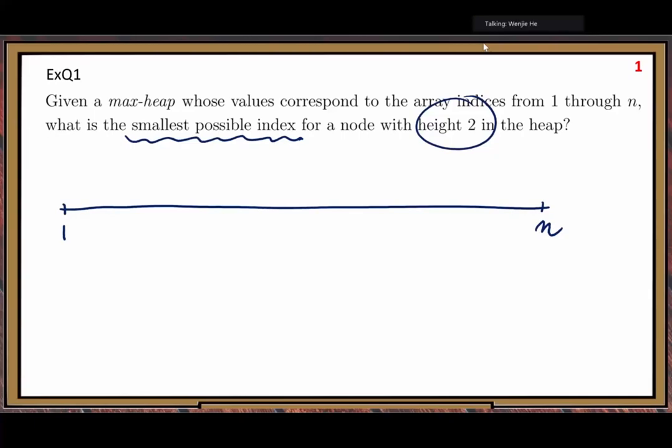That means height equals 0, so the leaves part. Look at the range of the leaves. Based on our formula, the range is floor of n over 2, plus 1.